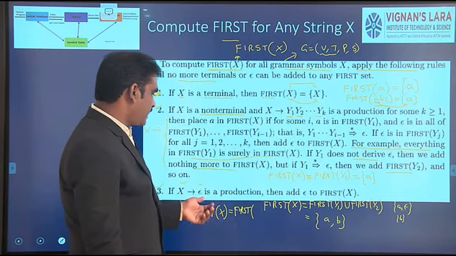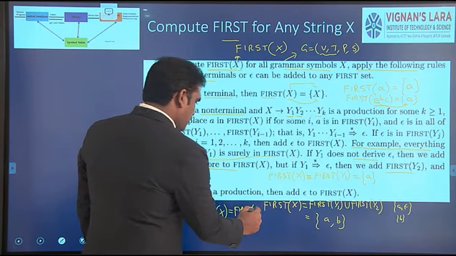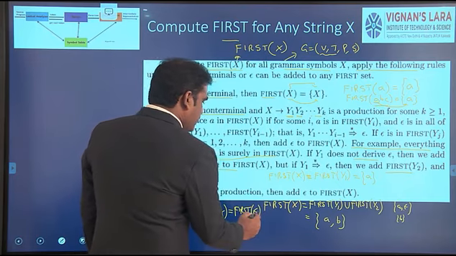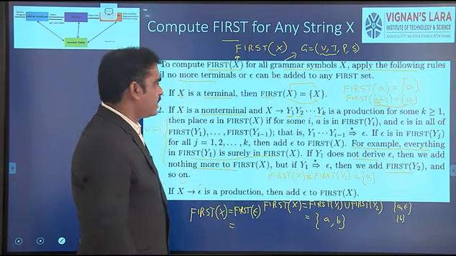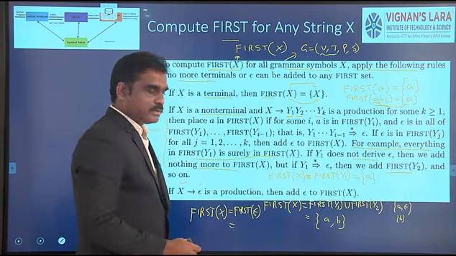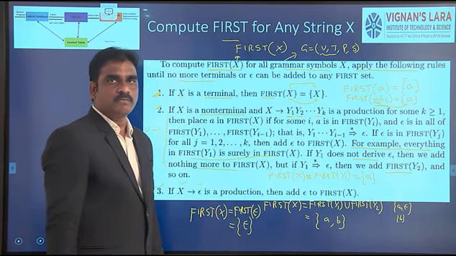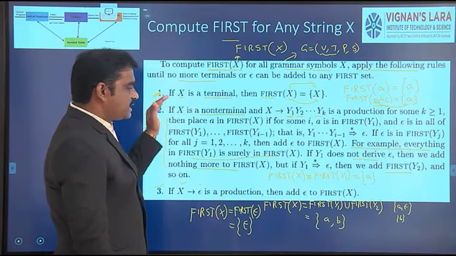So first of epsilon. What is epsilon? It is a terminal symbol. As per the rule, first of a terminal symbol equals the same terminal symbol. So first of epsilon equals epsilon. Okay.